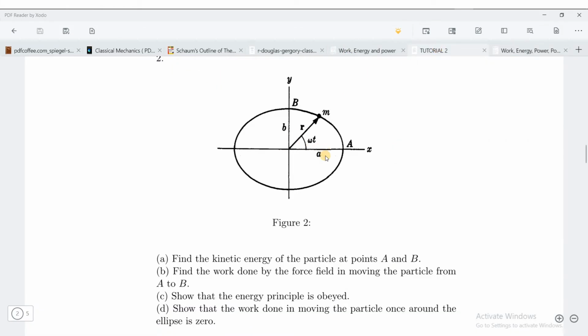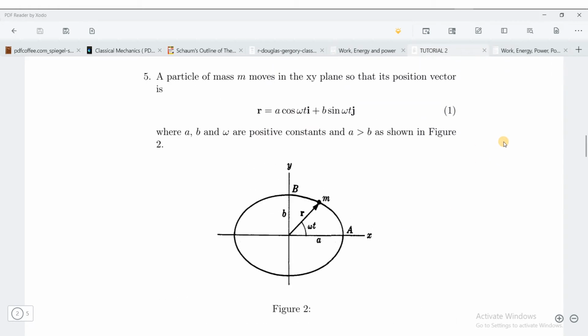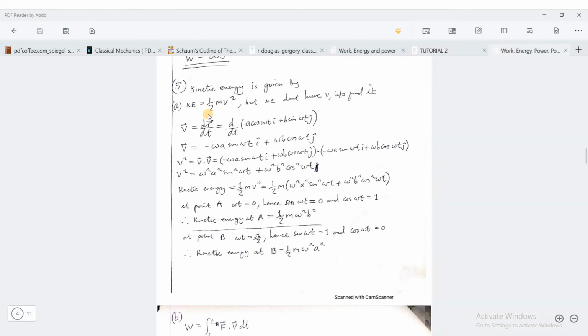So we're trying to find dr over dt, which is d over dt of r. Taking dr over dt, we'll find that v is equal to this expression here.